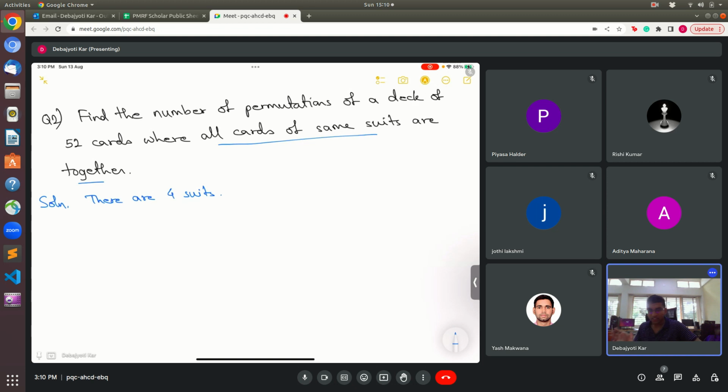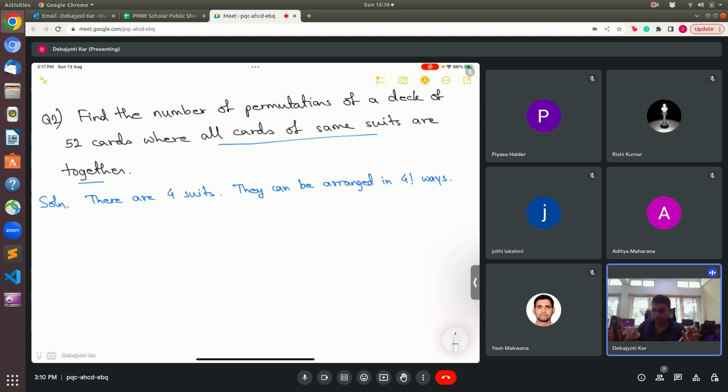If we just focus on the suits, there are 4 factorial ways of arranging the suits on a straight line. So in 4 factorial ways we can arrange the suits.